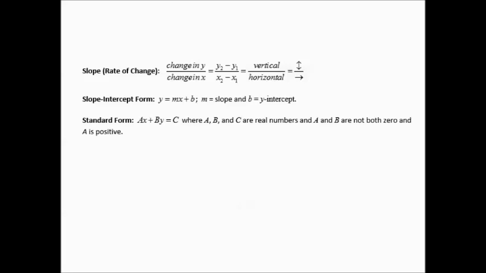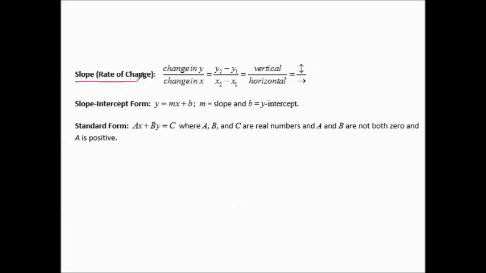So here's just a review of some of the things we've looked at up to this point. We have our slope, which is our change in y over change in x, y2 minus y1 over x2 minus x1, vertical change over horizontal change, which means up and down over the right. We also have looked at slope-intercept form of an equation, which is y equals mx plus b, where m is my slope and b is my y-intercept.